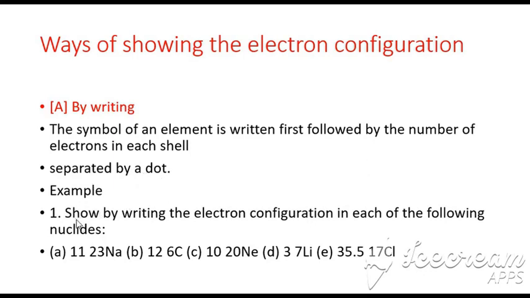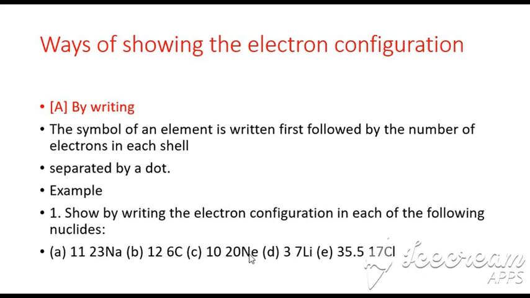Example: show by writing the electron configuration in each of the following nuclides. The first one is sodium. This 11 you are seeing is the atomic number, it must be down, while this 23 is the mass number, it's the one on top. This C you are seeing is the symbol, it's carbon. The mass number, the number on top, must be 12. The down number, the proton number or atomic number, is 6.